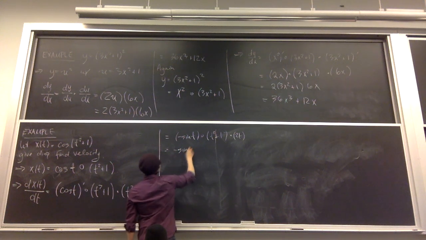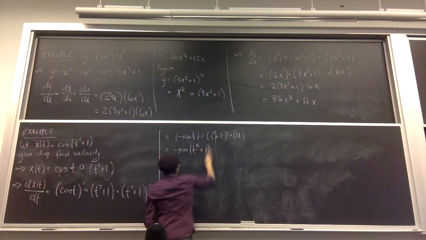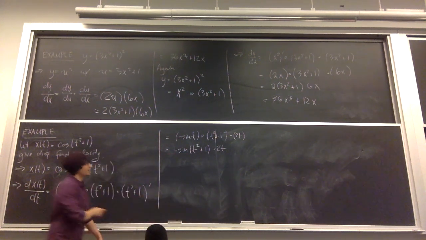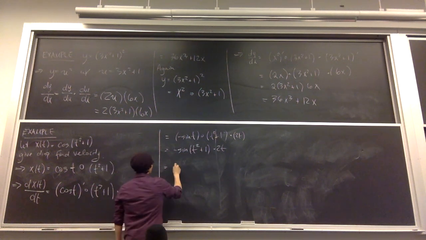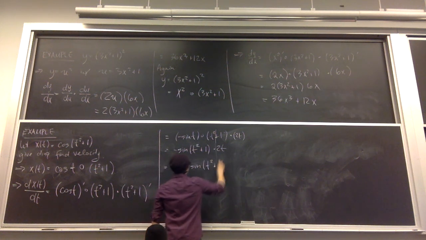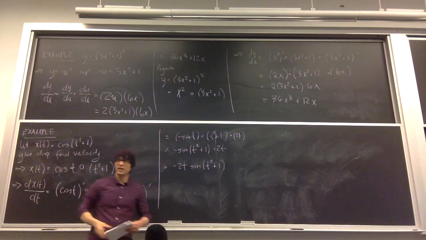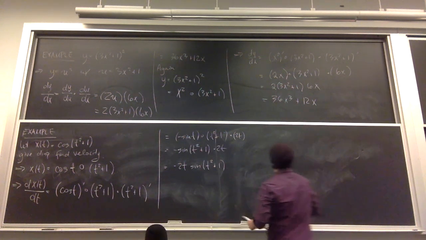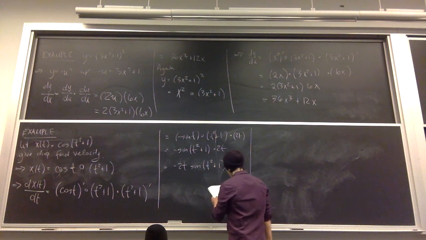So you get minus sine of t squared plus 1 times 2t, which is the answer. More appropriately we should write minus 2t sine of t squared plus 1. Any questions? Because I'm just going to keep at it. Next one.